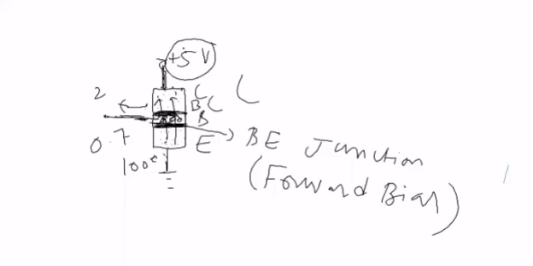So only 2 electrons, for example, flow into the base terminal, and they make up IB, the base current. And most of the electrons go into the collector region, and they make up the collector current, IC.